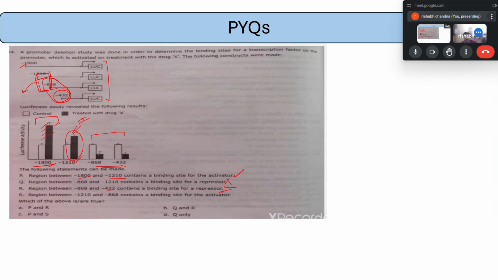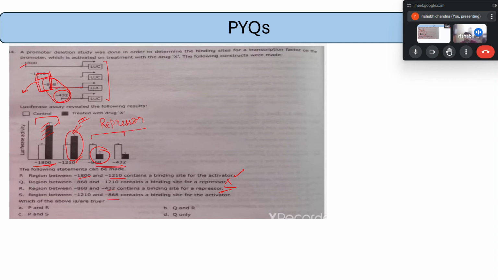Yes, this can be the case because here the activity of luciferase is minimal. So we can deduce that a repressor has been bound to this particular region, so that it will not be able to activate the transcription, and it decreases the rate of transcription. And the region between minus 1210 and minus 868 contains the binding site of the activator.